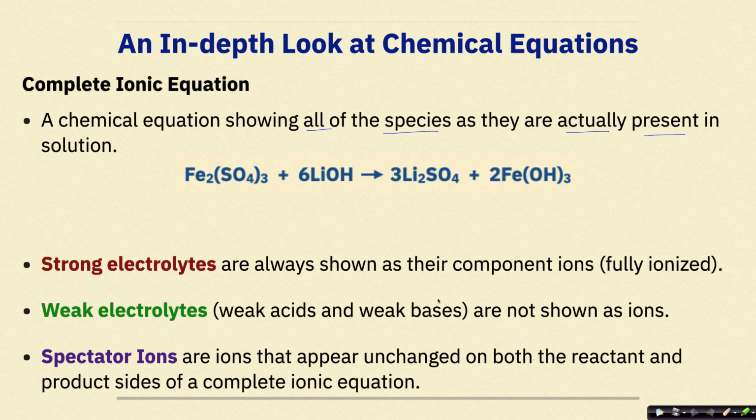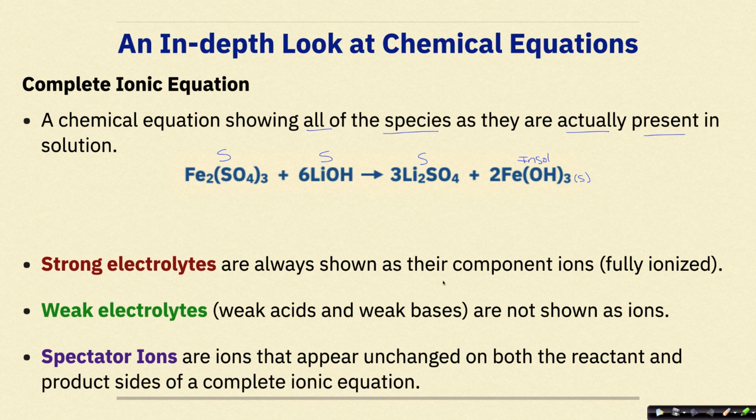And if we were to show this as all of the species as they're actually present in solution, knowing that Fe2(SO4)3 is soluble, LiOH is a strong base, so that is soluble. Li2SO4 is soluble because of the presence of this group 1 metal, and Fe(OH)3 is insoluble. This would be my solid, so let's put a little solid down here.